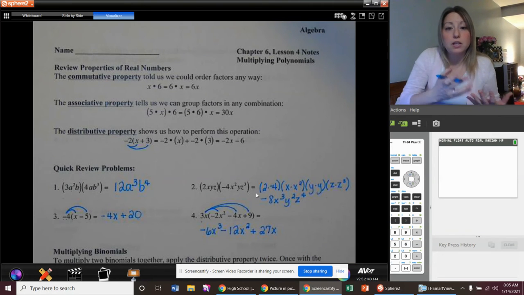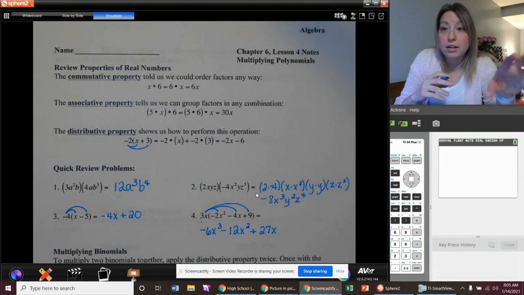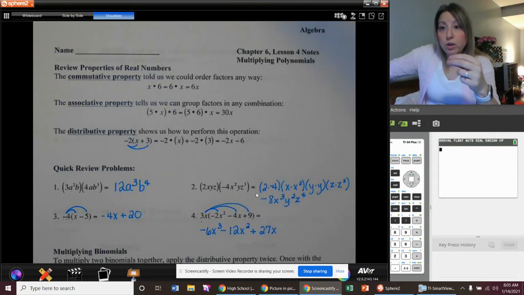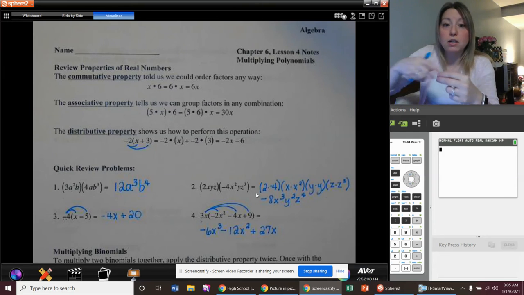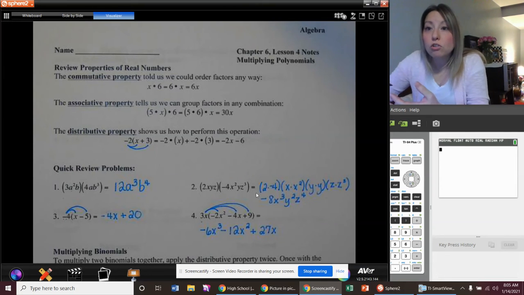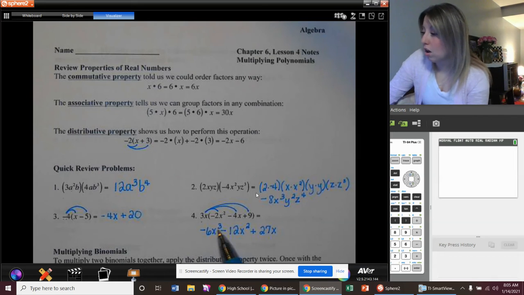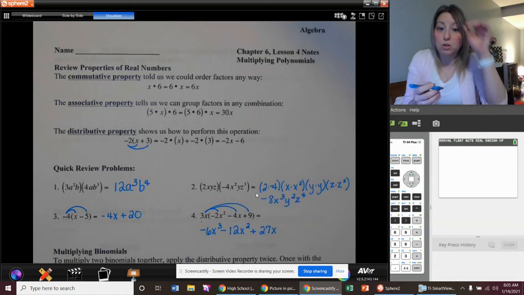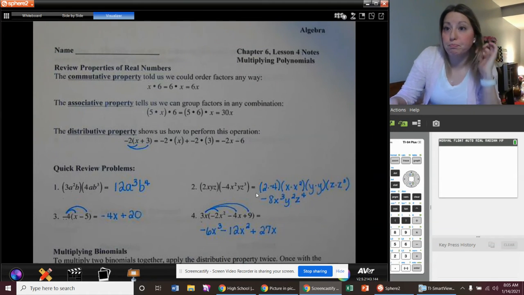Now you'll notice that since the front term had an x in it, all of my subsequent terms in the parentheses had a change in x as an exponent, right? And all the x exponents we changed by 1 because we multiplied through an x to the first power. So this is really 1 plus 2 gives me this 3 exponent here, because that's the exponents rules we talked about back in lesson 3.